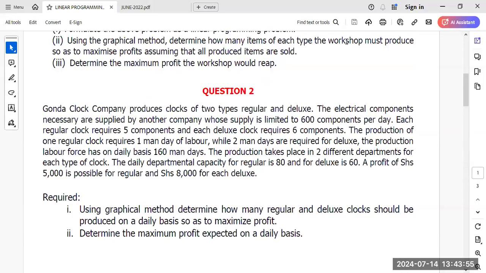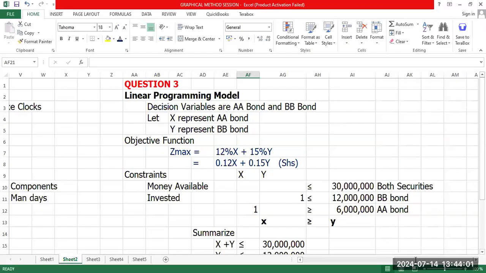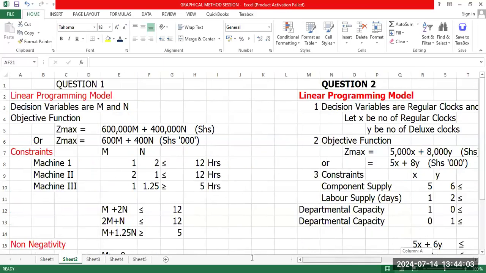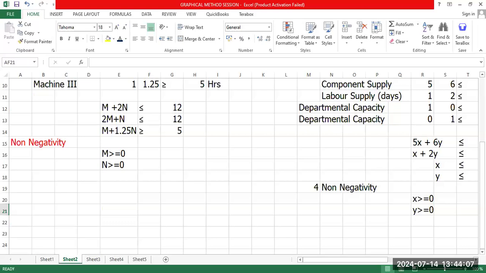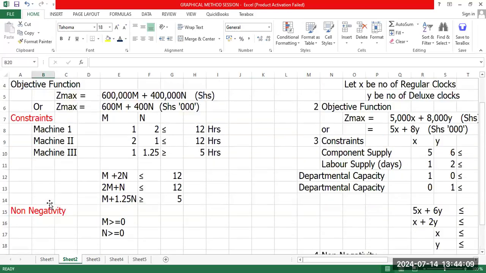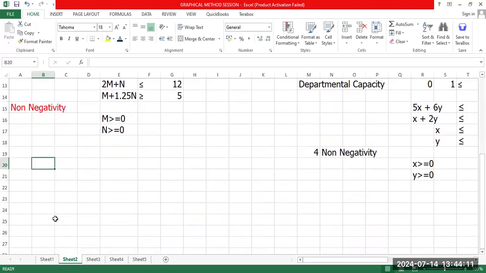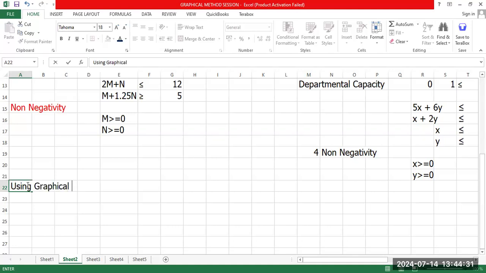So now the fact that we have tried to analyze how we can formulate a linear programming model, we can now use the graphical method. In another session, we will see how to use the simplex method.